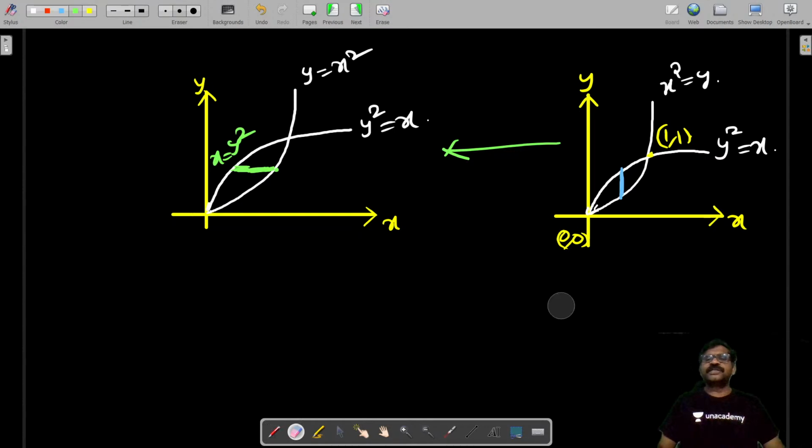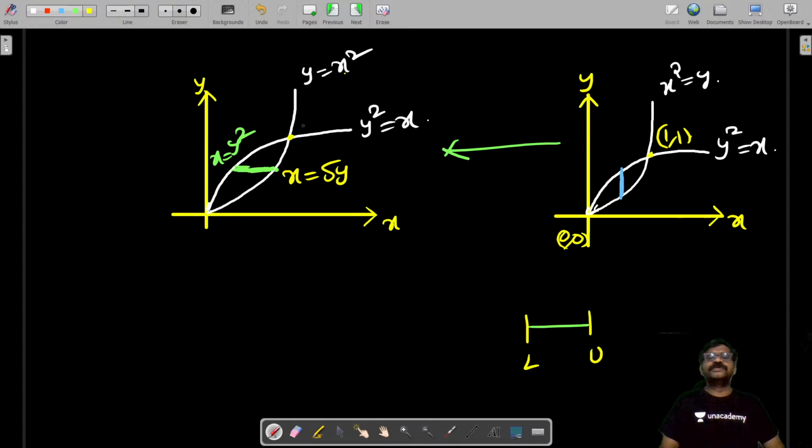Whenever you take a horizontal strip, the lower limit is this edge, the upper limit is this edge. That's why x equal to y square is the lower limit. Here, x equal to root y is the upper limit.